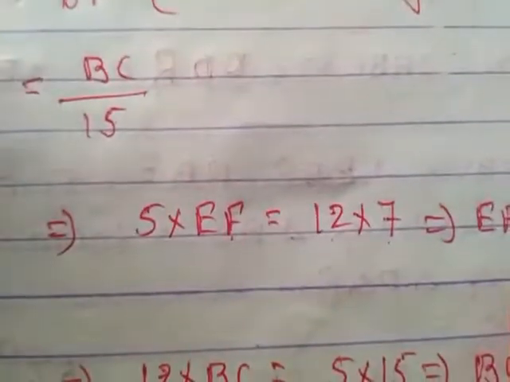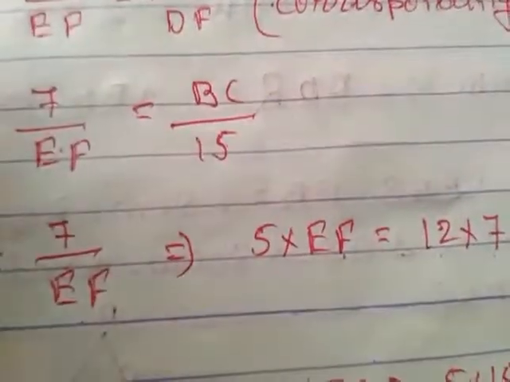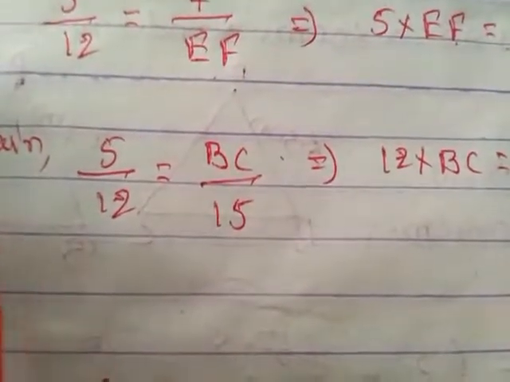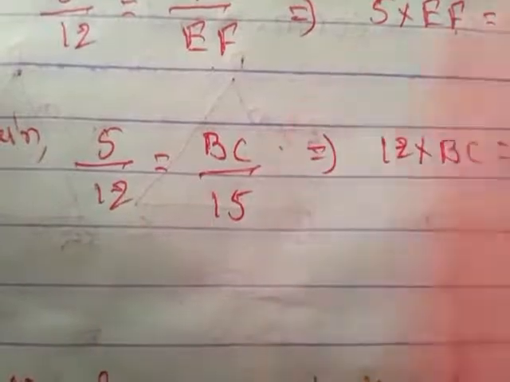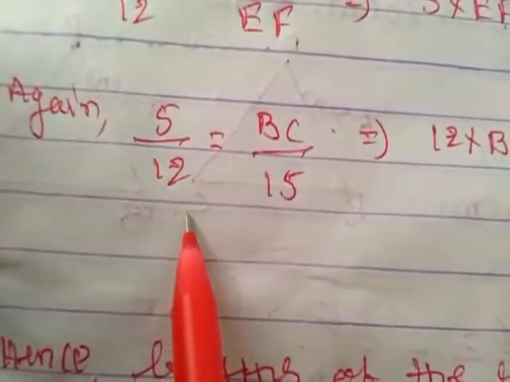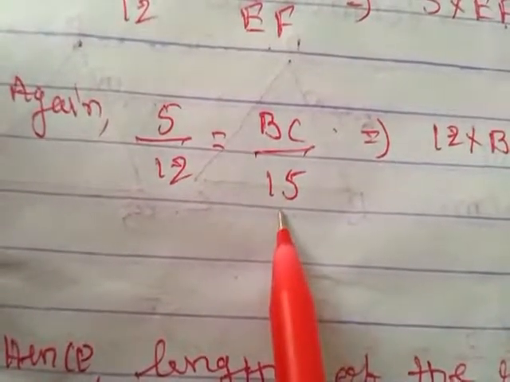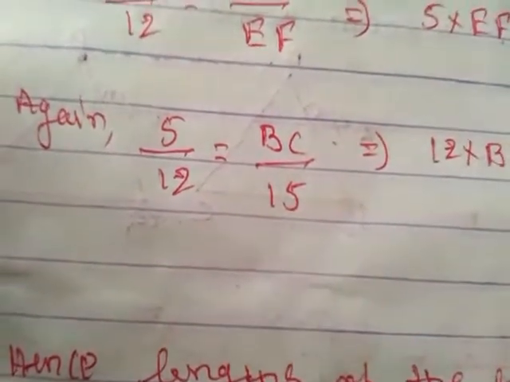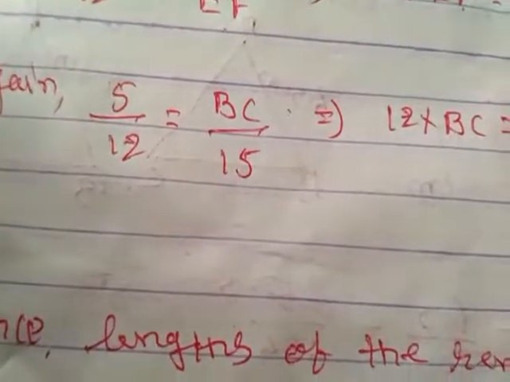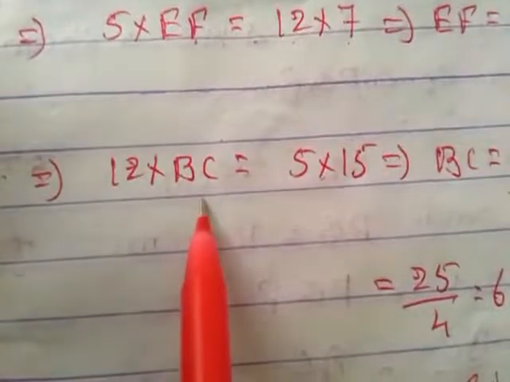Now again, taking first and third ratio together, we have 5 by 12 equals to BC by 15. So again, we will do cross multiplication. So we will have 12 into BC equals to 5 into 15.